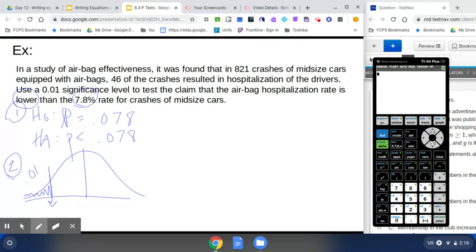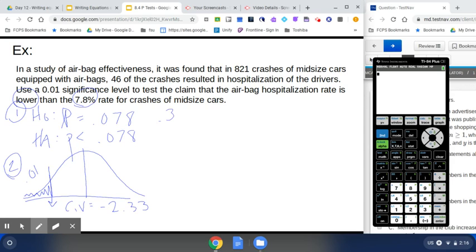And we're scanning that negative Z chart for the closest probability that we can get to 0.01. You should see a Z value of negative 2.33. That is the closest Z value associated with a probability of 0.01. So that's our critical value.